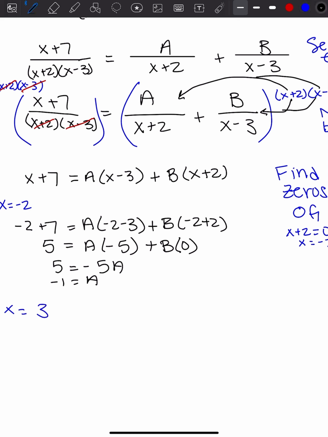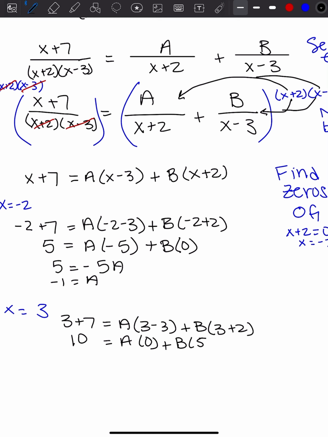So I have 3 plus 7 is equal to a times 3 minus 3 plus b times 3 plus 2. So 10 is equal to a times 0 plus b times 5. So 10 is equal to 5b, so 2 is equal to b.